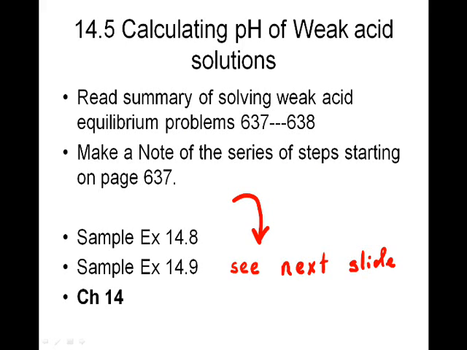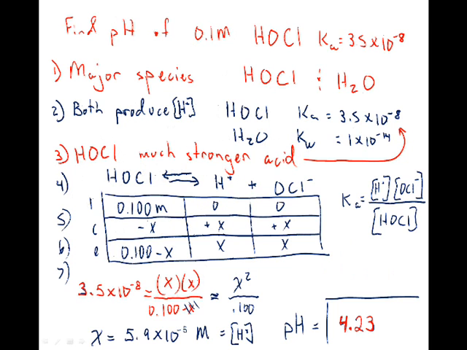But if you're calculating the pH of weak acid solutions, there are a series of steps you have to take to solve those kinds of problems, and you can look at those steps on page 637 and 638 in your textbook if you have Zumdahl's 7th edition.